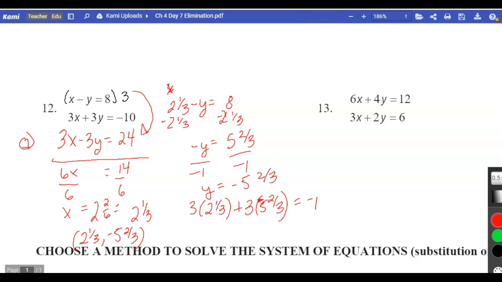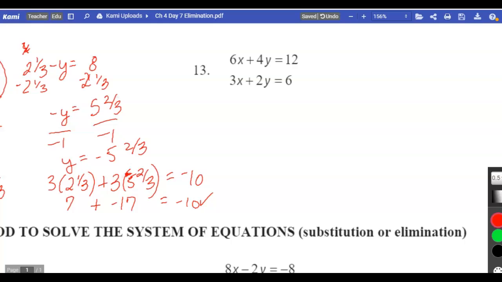That has to equal negative 10. Well, 3 times 2 is 6, and 1/3 of 3 is 1, so I have 7 right here. And then 3 times negative 5 is negative 15, and 2/3 of 3 is 2, so I have negative 17. 7 plus negative 17 does equal negative 10. It checks. So a little complicated because it's a fraction, but we can still do it.